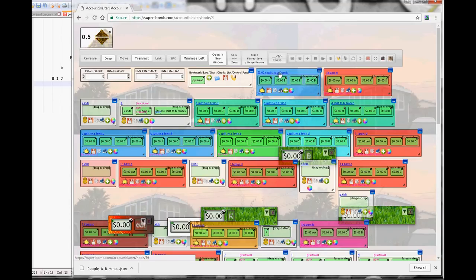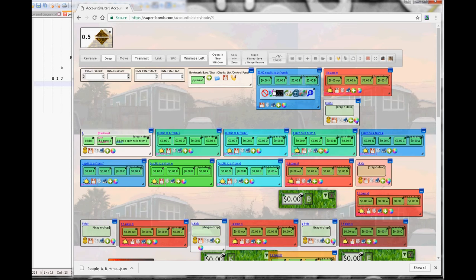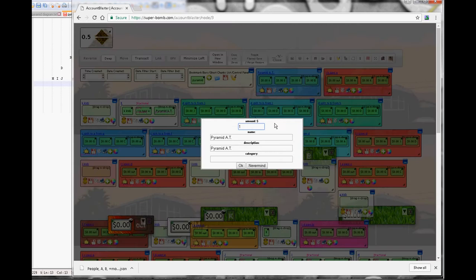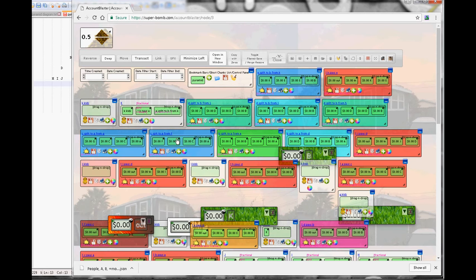E split to B from K. Pyramidal. So that's how you add one when there's someone that wants to join in.